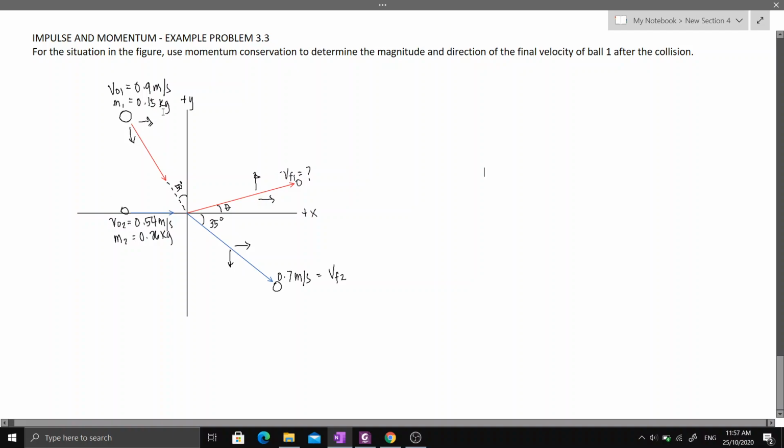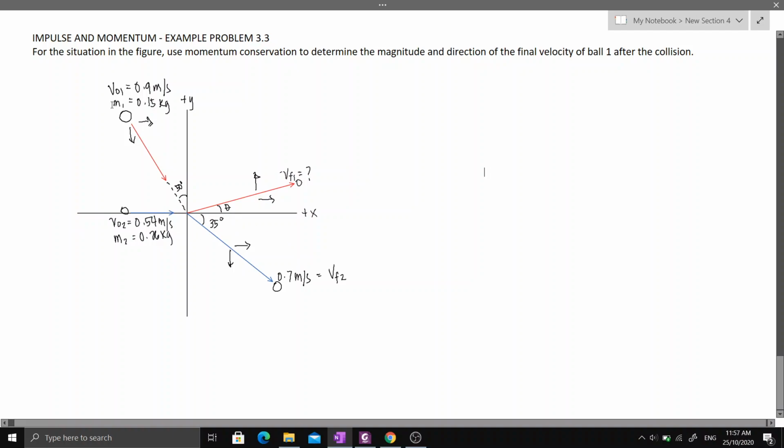The mass of ball 1 is 150 grams or 0.15 kilograms, and for ball 2, that is equal to 0.26 kilograms. So the initial velocity of ball 1 is 0.9 meters per second directed in this direction, and for ball 2, that is equal to 0.54 meters per second directed to the positive x direction.